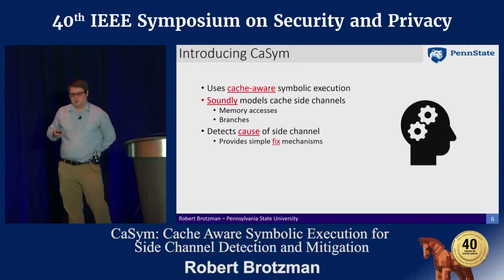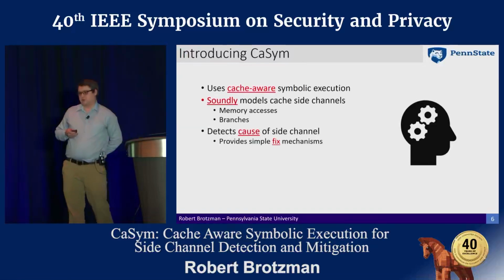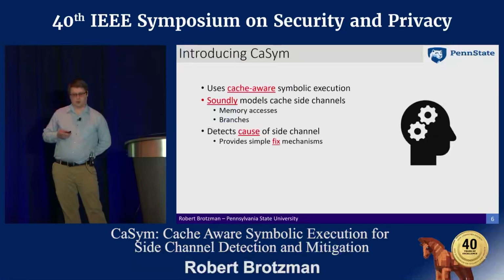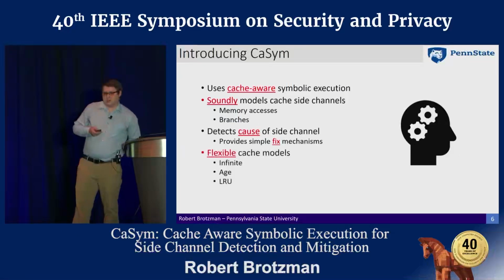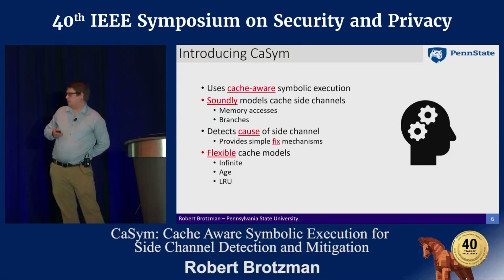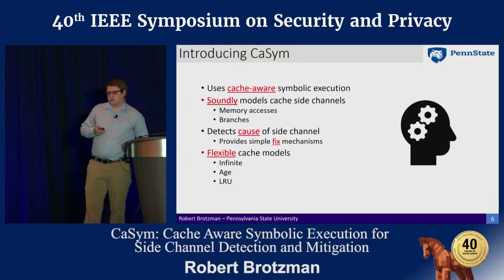And we're able to detect where the side channel happens in the code so we can identify the line of source code that causes the vulnerability and tell the programmer why it happens. And we're able to provide some simple fixes to remove the side channel and then verify its absence. We also include a variety of different cache models that yield different precision and efficiency.